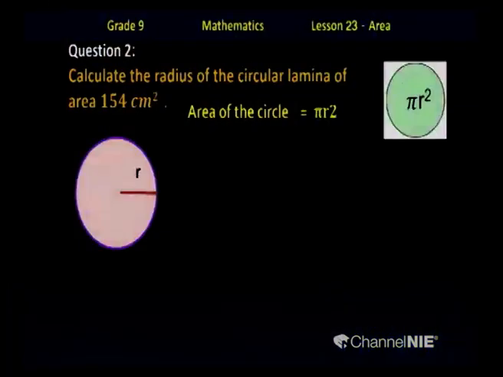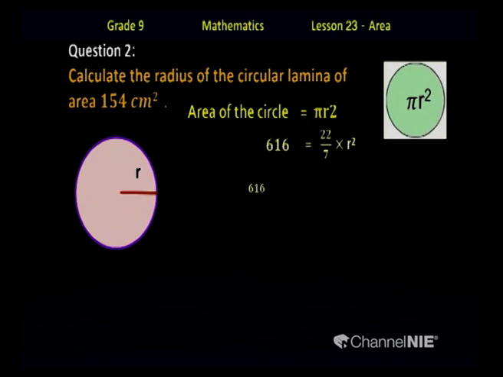The answer is 7 centimeters. Dear students, are you happy to go to another question? Let's see what it is. Question number 3. Calculate the radius of the circular lamina of area 616 square centimeters. Here also you have to find out the radius. Follow the same method you used in the previous problem. Area is 616. On the other side, you know, it is 22 upon 7 into r squared.